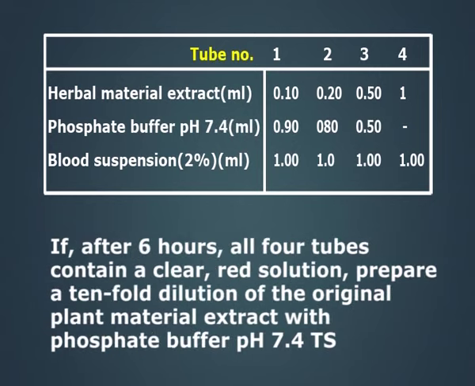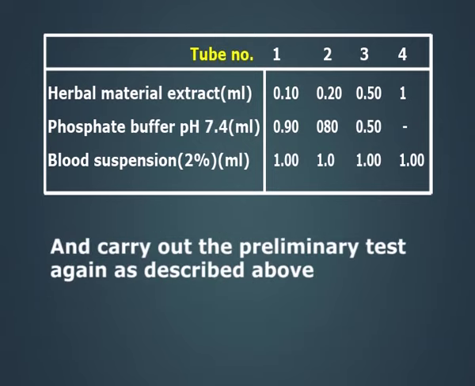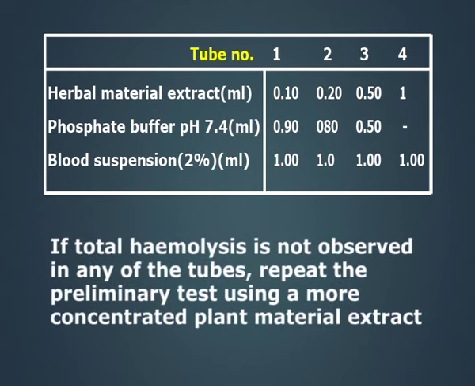If after 6 hours all 4 tubes contain a clear red solution, prepare a 10-fold dilution of the original plant material extract with phosphate buffer pH 7.4 test solution and carry out the preliminary test again as described above. If total hemolysis is not observed in any of the tubes, repeat the preliminary test using a more concentrated plant material extract.